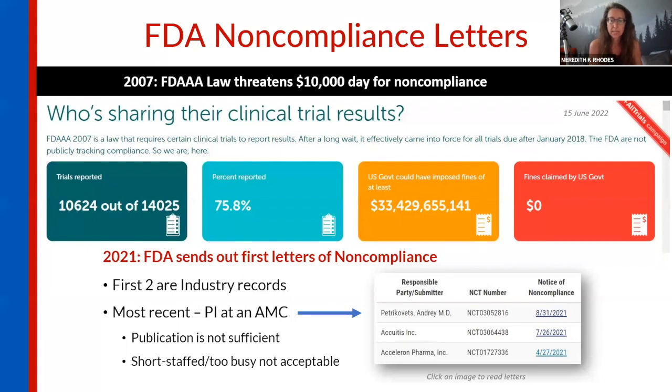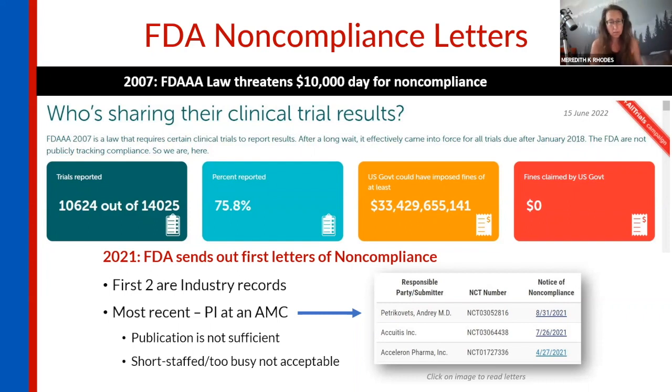At the time I made this slide, there were 3 public letters of noncompliance. Now there's 4 at this time. And you can click through this image and look at those letters of noncompliance, and you can see the back and forth communications between the study team and the FDA. There's 1 PI.